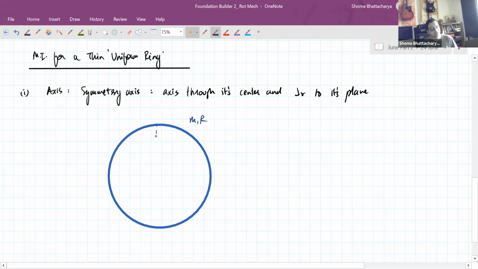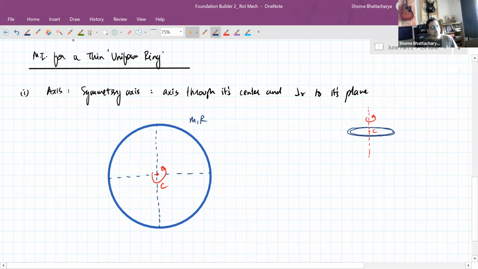Now we're talking about an axis which is through the center and perpendicular to the plane. So the rotation is happening like this. If you visualize this three-dimensionally, we are talking about the ring being like this and the axis being like this, perpendicular to its plane and passing through its center.